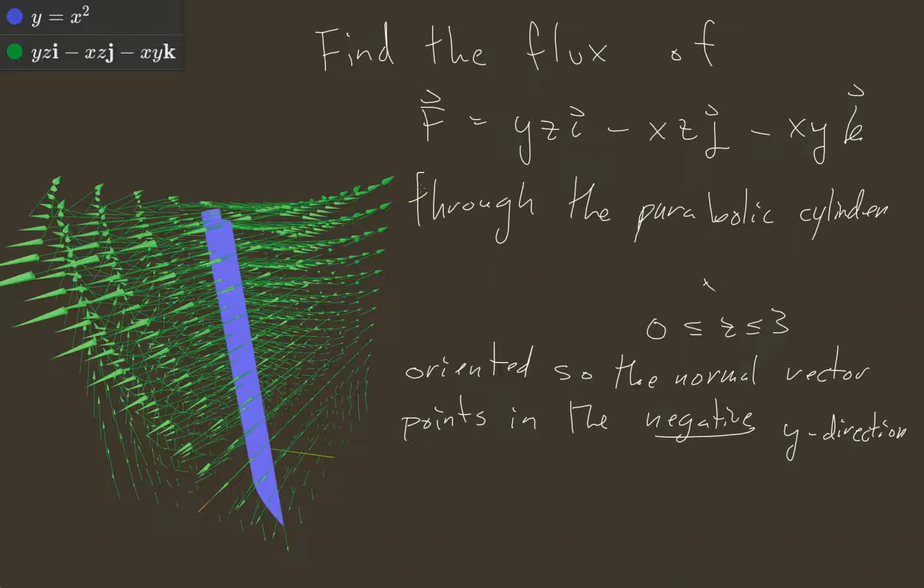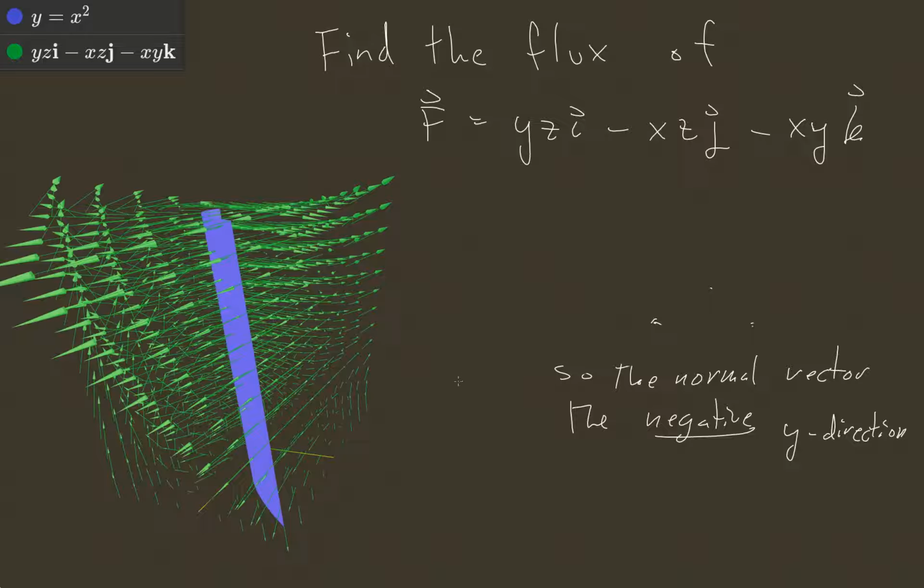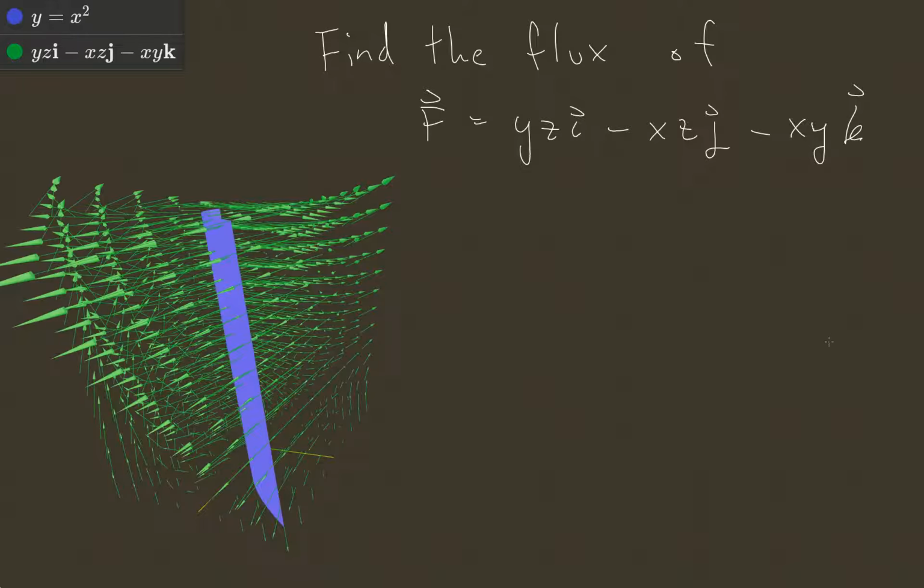I'll leave up the definition of the vector field. So since z and x are sort of independent variables, we'll take r of x, z to be x i plus, and then y is x squared, so x squared j plus z k.